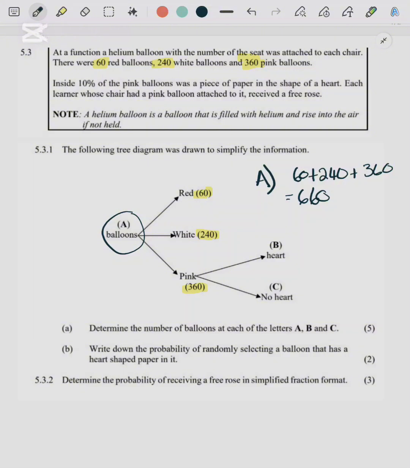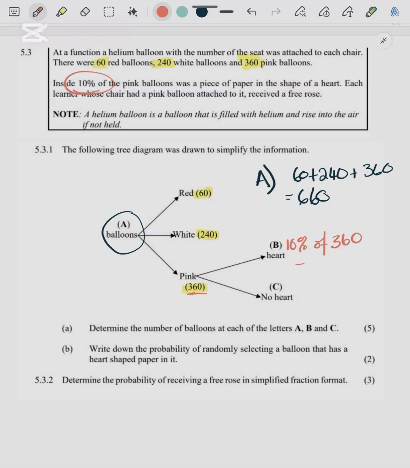Now B and C, when it comes to the hearts, we need to see what they tell us. And they tell us in the scenario that inside 10% of the pink balloons was a piece of paper with the shape of a heart. So we know 10% have the heart. So B is 10% of the balloons, and we have 360 pink balloons.